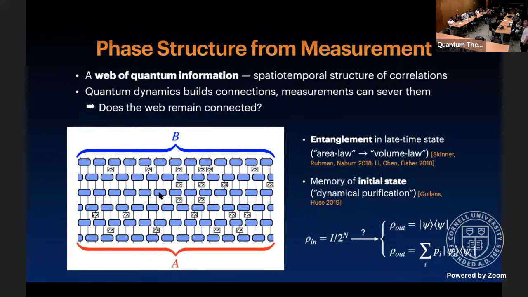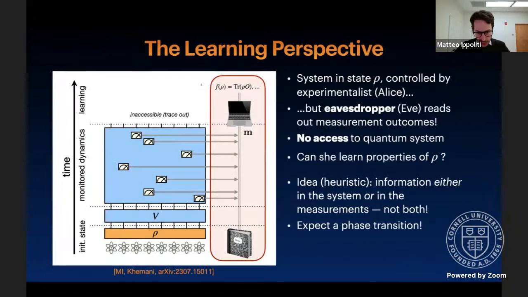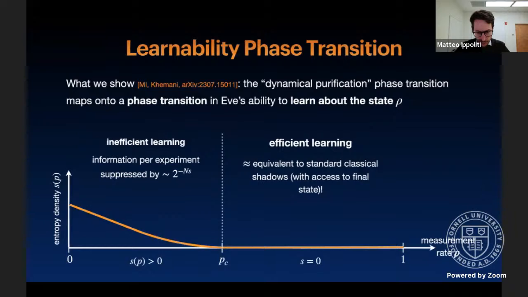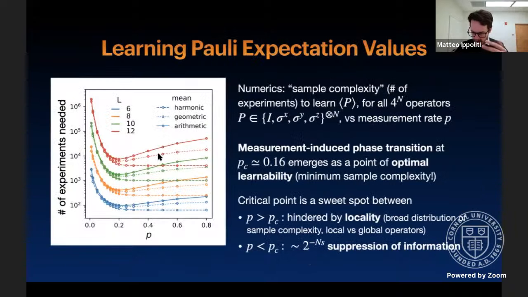Have you observed any finite size behavior in any other transition? The only finite size data that we collected for this was this part that I skipped because it gets into a little bit of detail that I didn't want to get into. But this is about the Pauli expectation values, right? And there is an interesting trade-off that happens.